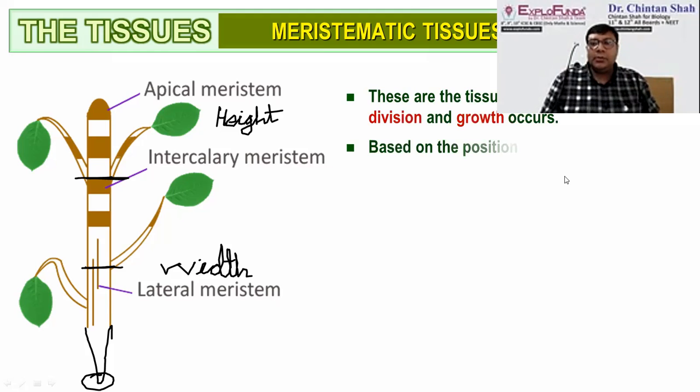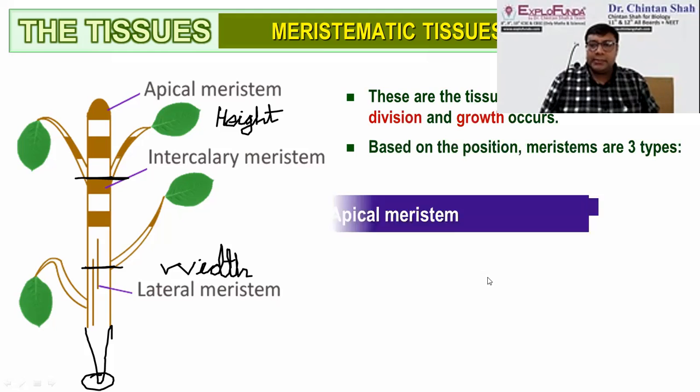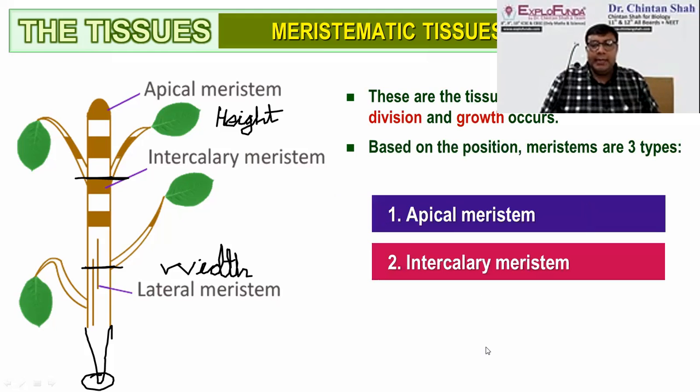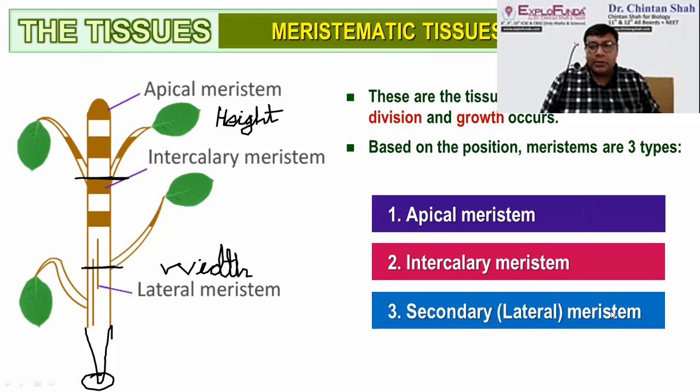Based upon the position of the meristematic tissue, there are three types: apical meristematic tissue, intercalary, and lateral or secondary meristematic tissue. Why is this known as lateral or secondary? Because increase in width is known as secondary growth. If you want to write down, please write down.